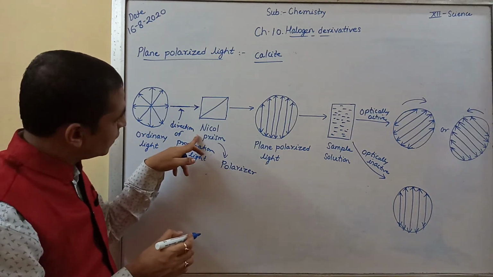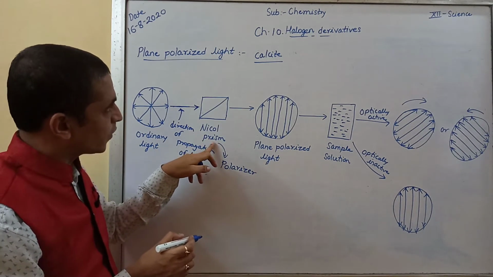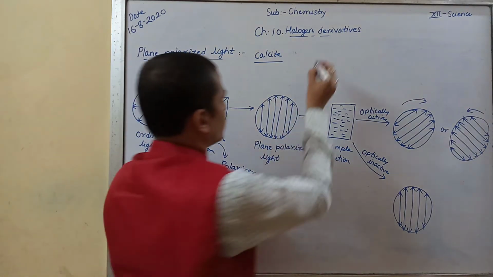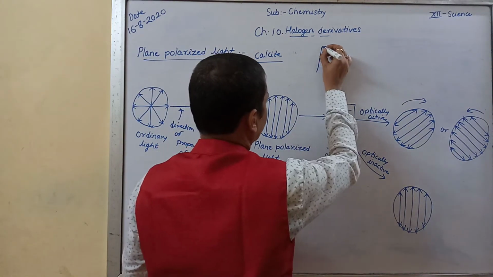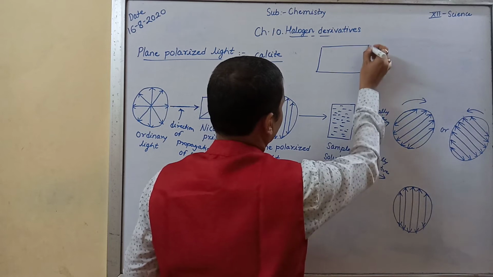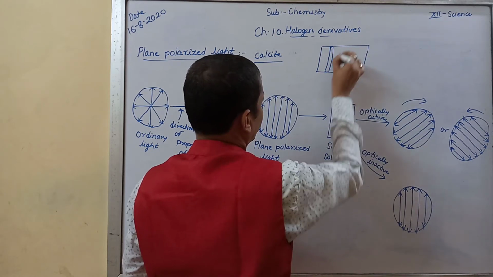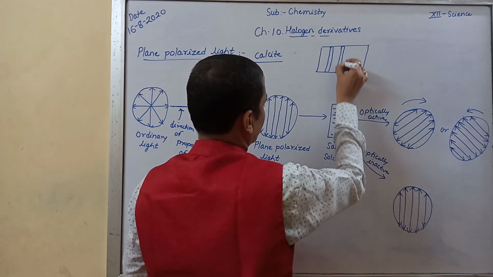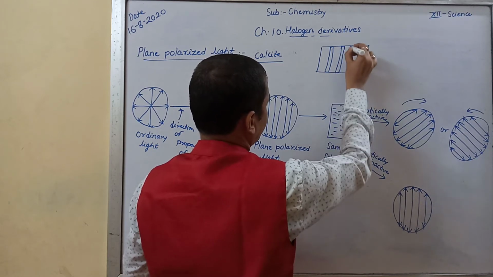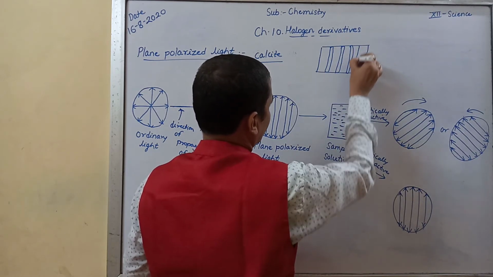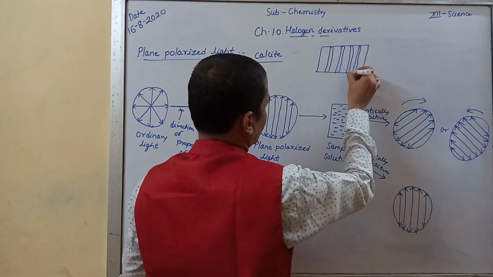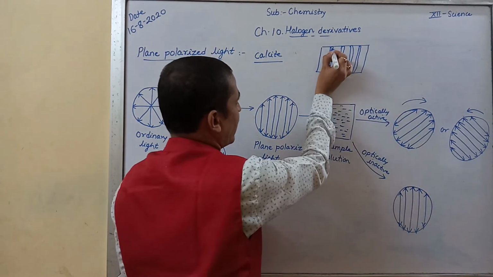Now we will see how the nickel prism works. This is a window having iron rods.